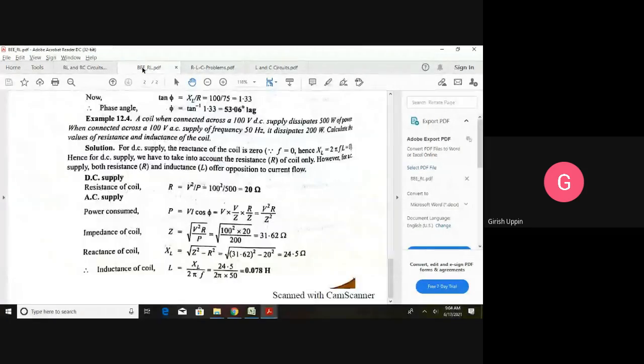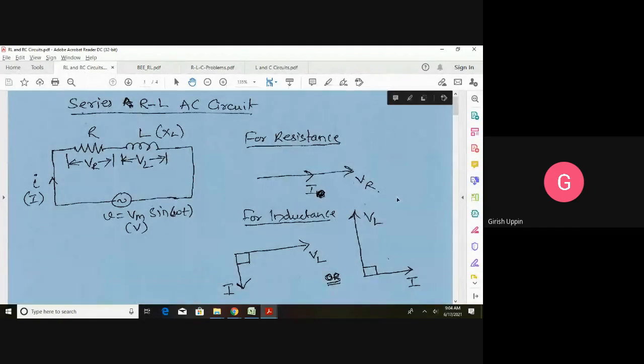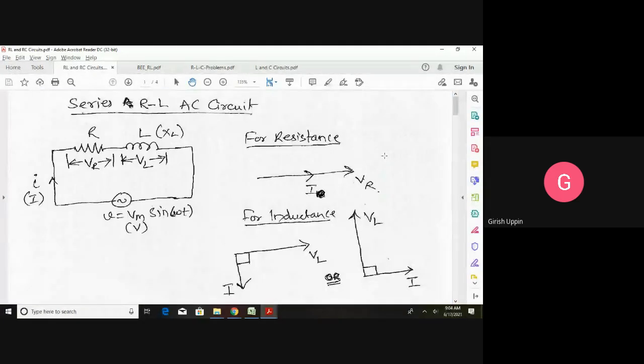Next, we will see the RL circuit. So this is a combination of a resistance as well as an inductance. You can see a pure resistance R is connected in series with a pure inductance having a self inductance of L and an inductive reactance of XL.